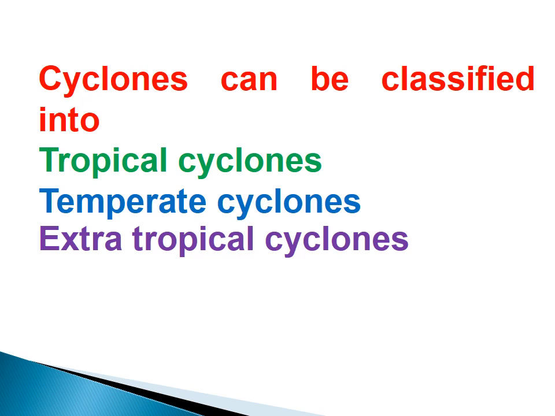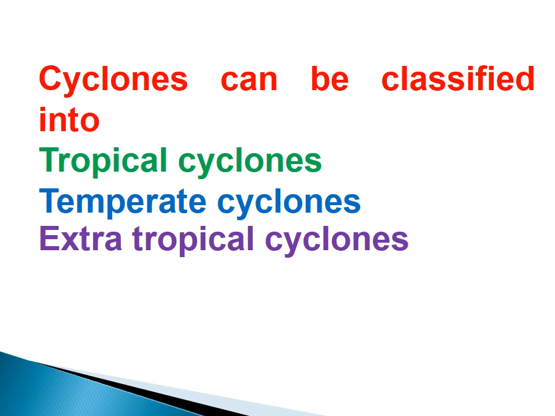Next one is extratropical cyclones. மிக வெப்பம், extratropical. Extratropical cyclones occur in the latitudes between 30 degree and 60 degree in both hemispheres. They are also called mid latitude cyclones.